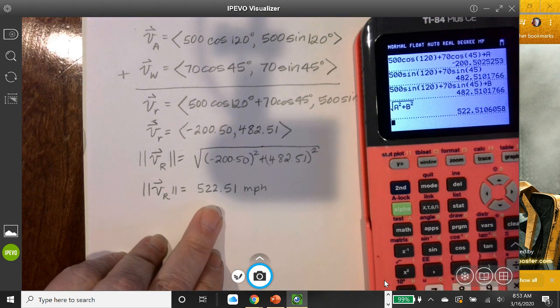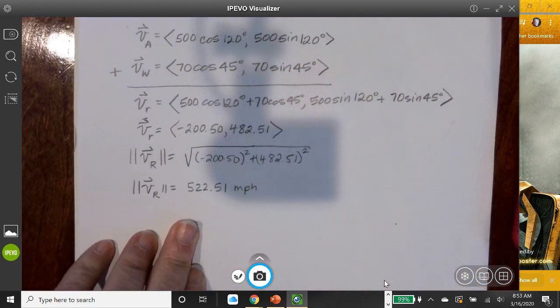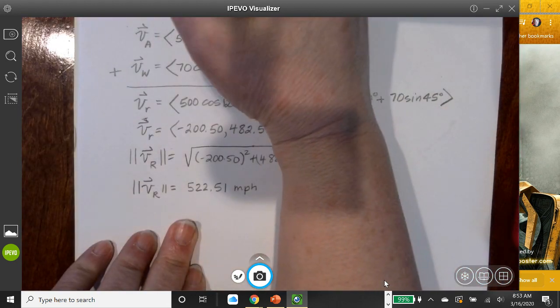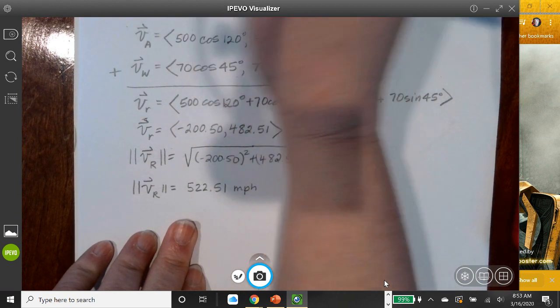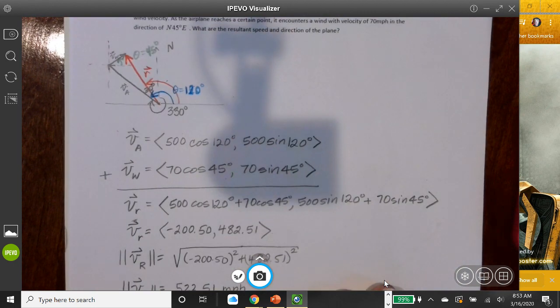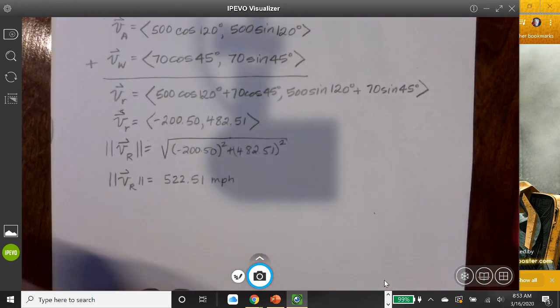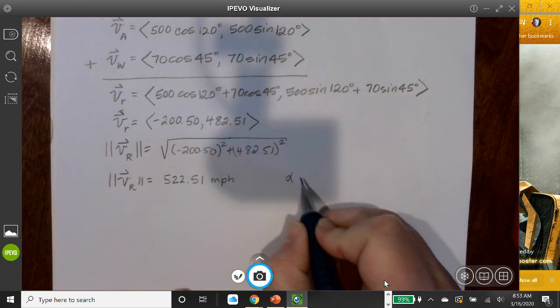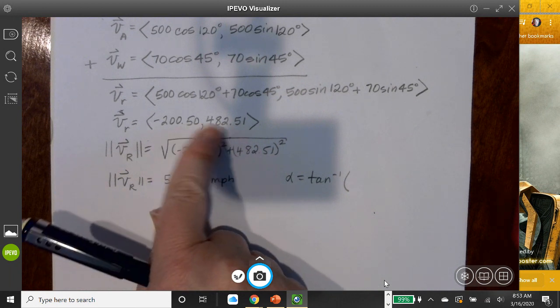Okay. Now I got to find the angle of the resultant. I got to find this angle here, because that's its direction angle. I'm sorry, you should see that, right? The red direction angle here. Got to find that. How do we do that? Well, we're going to do alpha as equal to the inverse tangent of, now which component is negative?